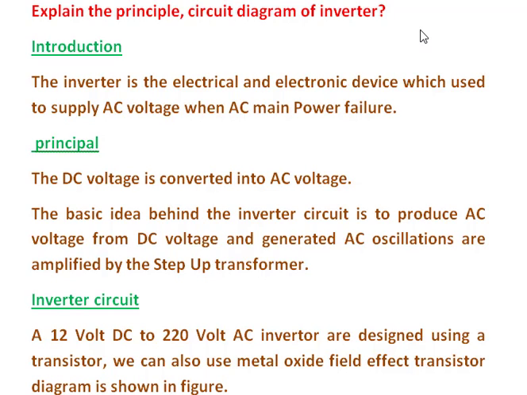The AC voltage is produced from DC voltage, and the generated AC oscillations are amplified by the step-up transformer. So the circuit consists of a step-up transformer, battery, and an astable multivibrator using power transistors and FETs.